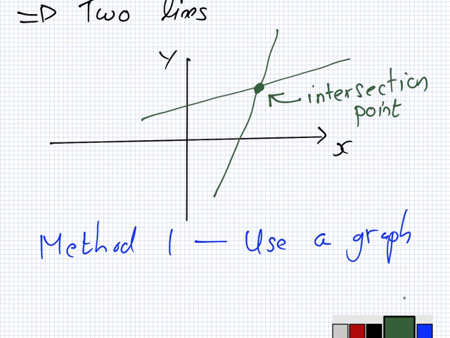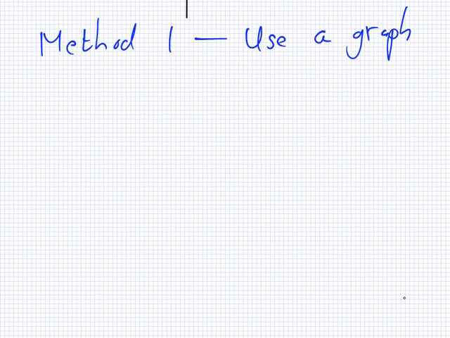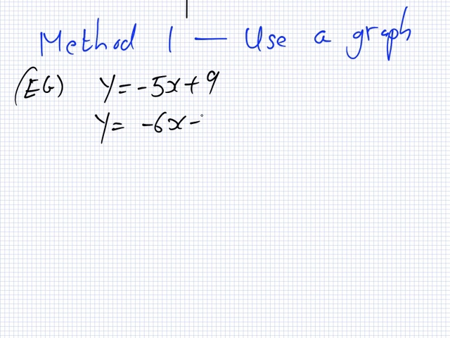Why is it a bad way to do it? Most of the time the graphs are not properly plotted, they're just sketched. It's not accurate, it's not precise. But we'll do one as an example just to show you. So the first method is to use a graph. For example, find the intersection point for this line and this line.